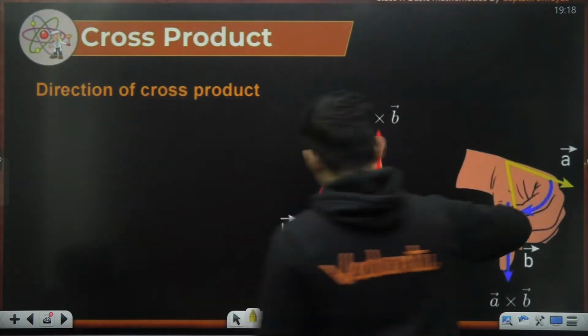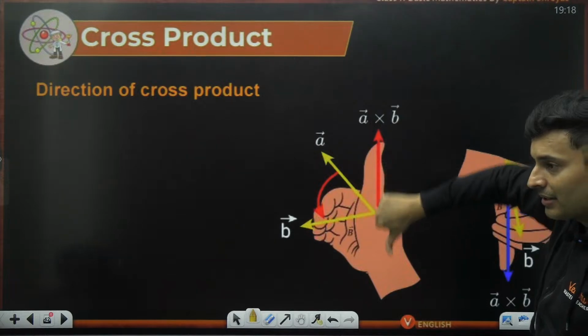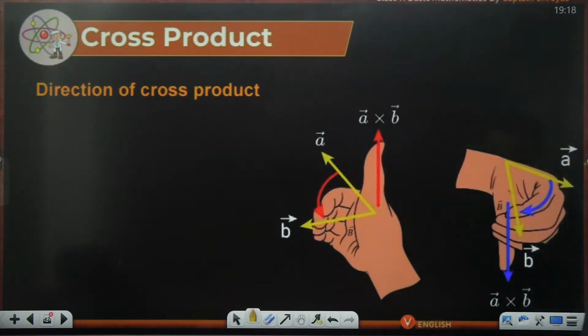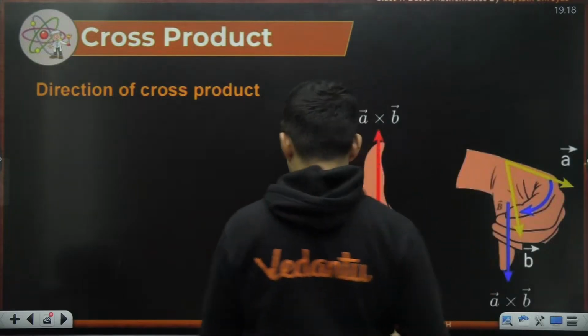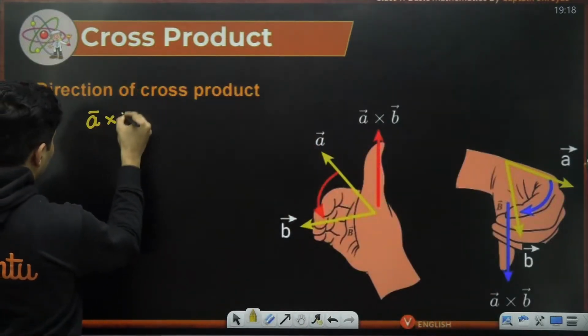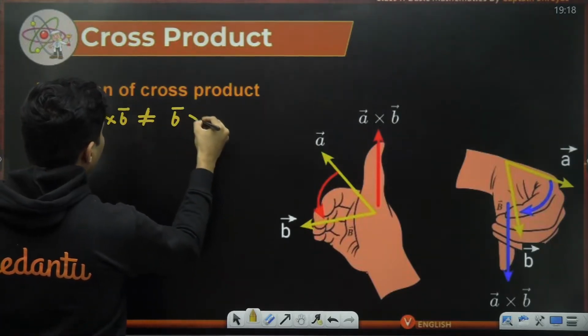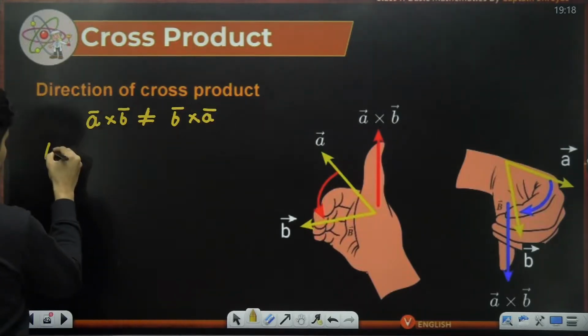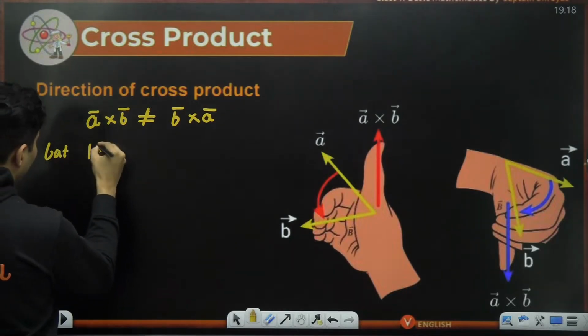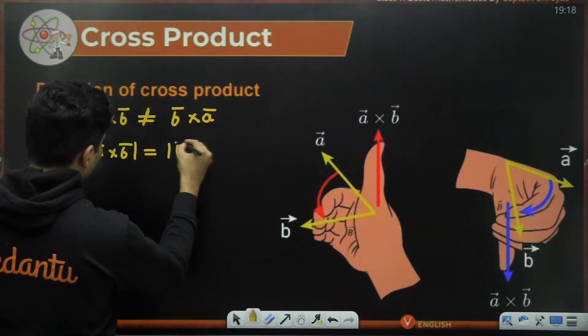But if you do B first and then A, the thumb will point down. So you should know this definitely, that A cross B is not the same as B cross A, but magnitude wise it is the same, direction wise opposite.